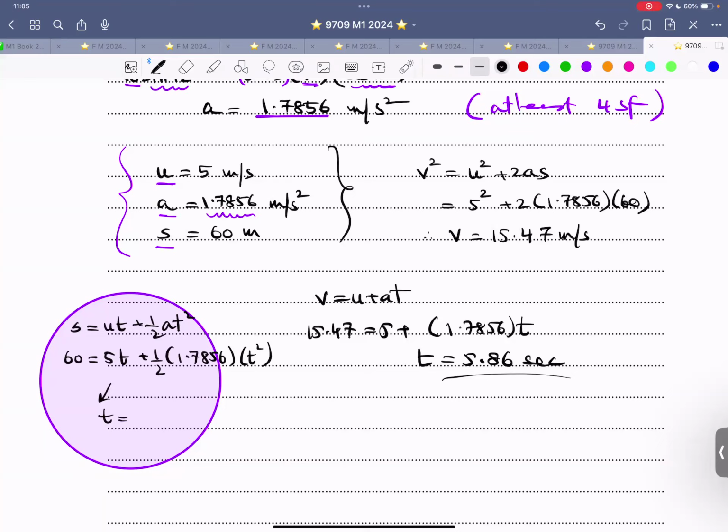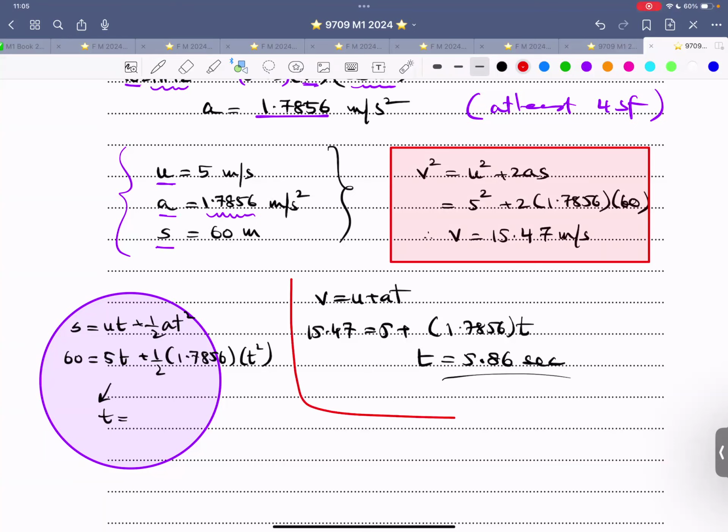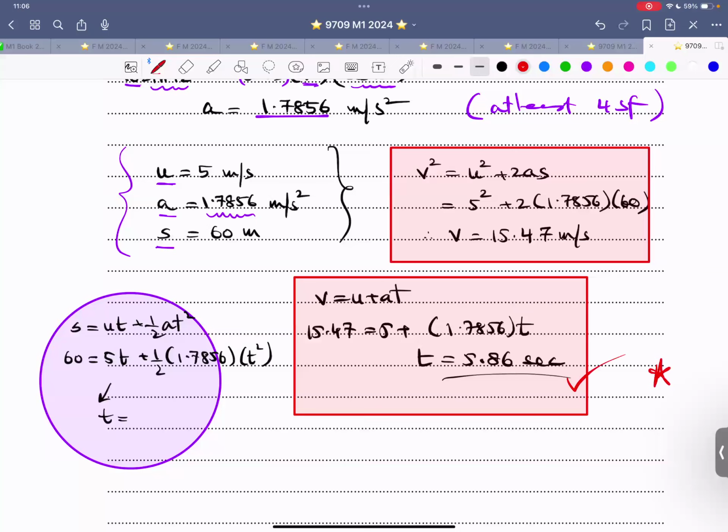But what I prefer is to work in simple terms. First use this equation, find the value of v, and then at the next stage, use v equals u plus at and find the value of time. So I prefer using this equation. That is my way. All good, all clear?